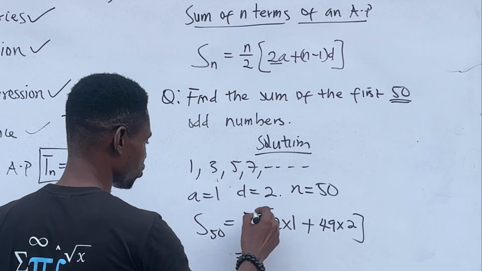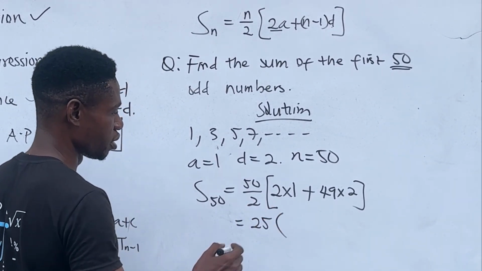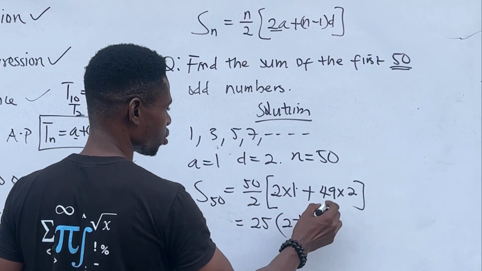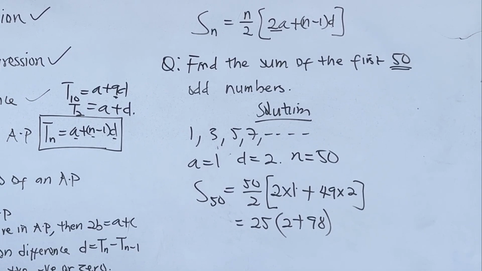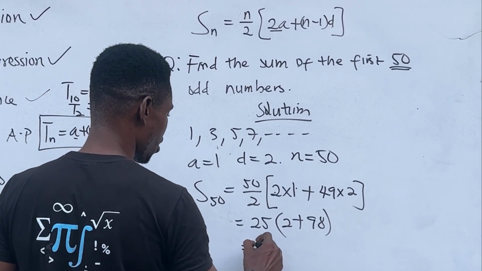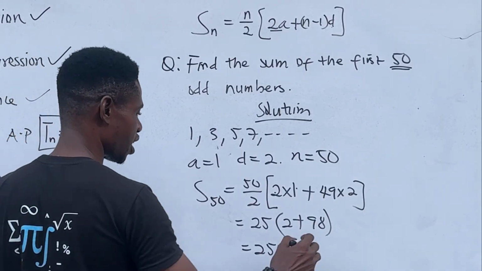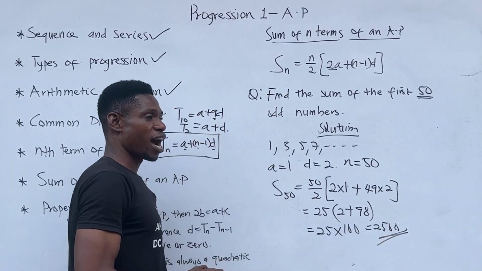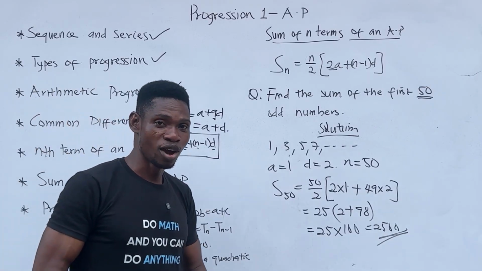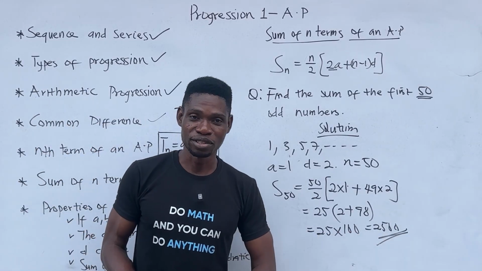So you have 50 over 2 is 25, multiplied by 2 multiplied by 1 is 2, plus 49 multiplied by 2, that's 98. So what we'll have is 25 multiplied by 100, and that will be 2500. So if we add the first 50 odd numbers, we get 2500.